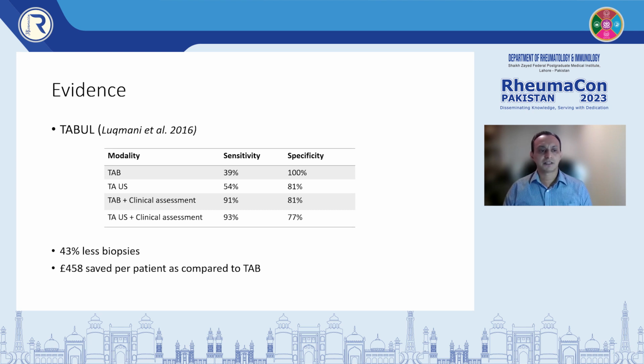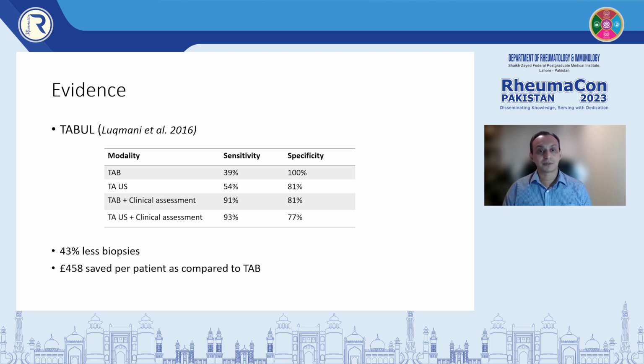And very clearly it showed that temporal artery ultrasound is at par with temporal artery biopsy. Actually, the sensitivity is much better. The specificity of temporal artery biopsy was considered 100%, but we have to keep in mind that temporal artery biopsy was taken or used as the gold standard.